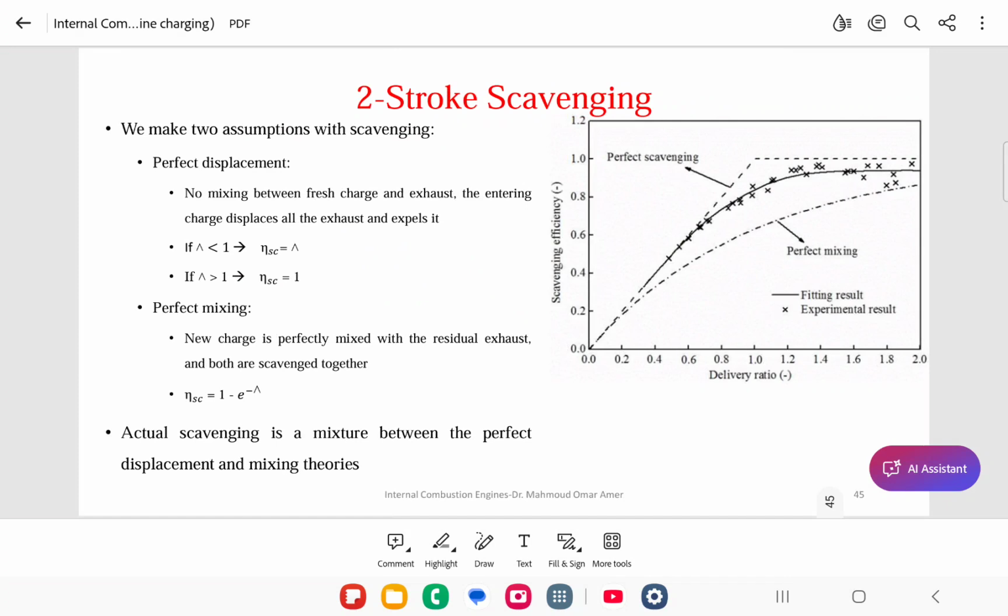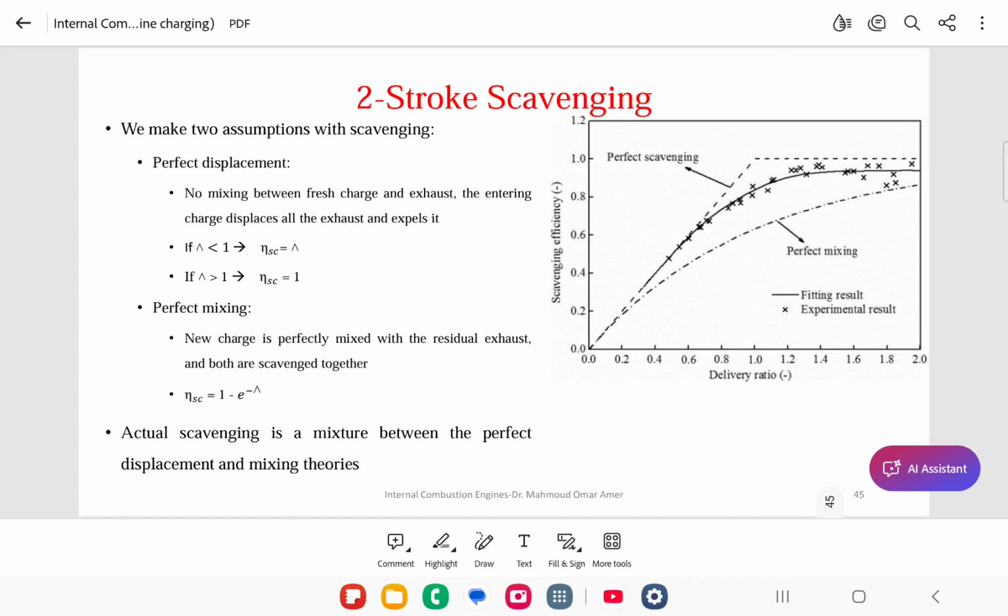So, as the delivery ratio increases, what happens to the scavenging efficiency? It increases. The term of the delivery ratio is in the negative, so as it increases, the term e decreases.